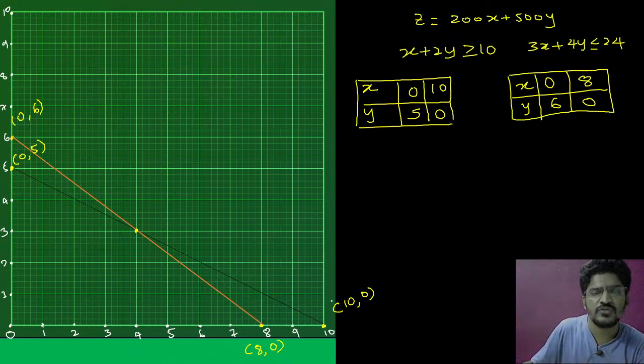Check true or false for the first equation, that is x is 0, y is 5 and y is 0, x is 10. For this line, check true or false. That is x plus 2y greater than or equal to 10.